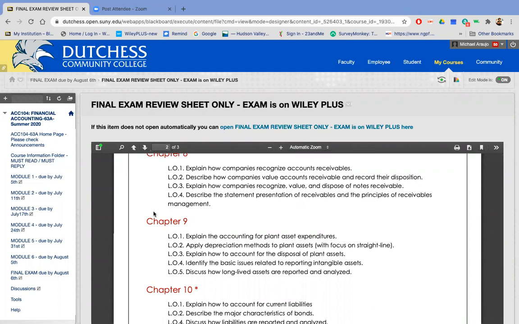So it's very important to understand how that's broken down. Again, if you notice, 7 is about cash, 8, receivables. Chapters 5 and 6 were inventory, so those are current assets. Chapter 9 is your long-term assets, your property, plant, equipment, and your intangible assets.